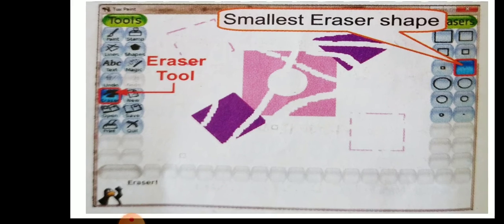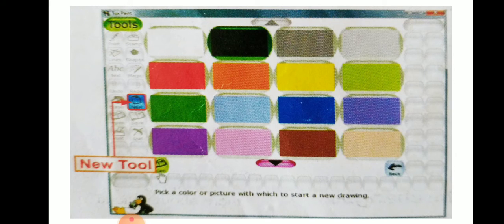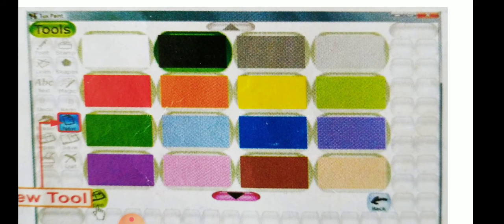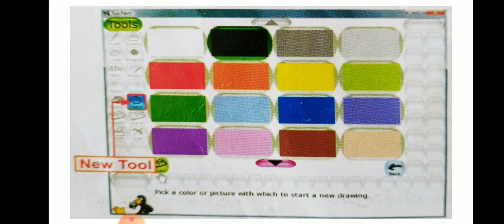Children, let me move to the topic of the new tool. We cannot work in a single file, right? We make different files for different drawings. Once we save the previous work, we can open a new file by using this new tool. Here we click the new tool, and we get different types of color boxes to start a new drawing.